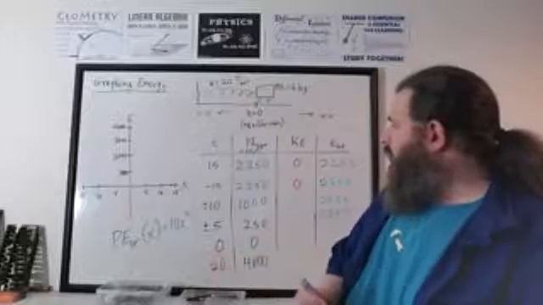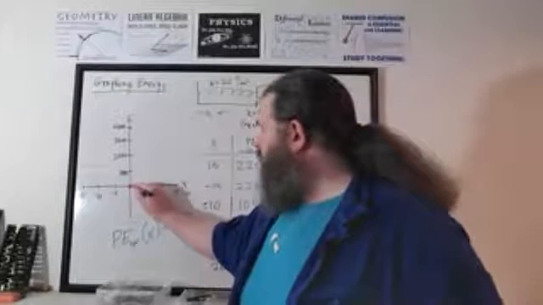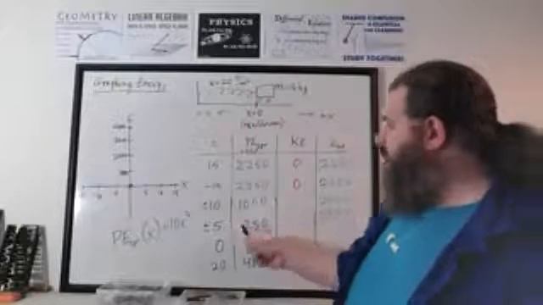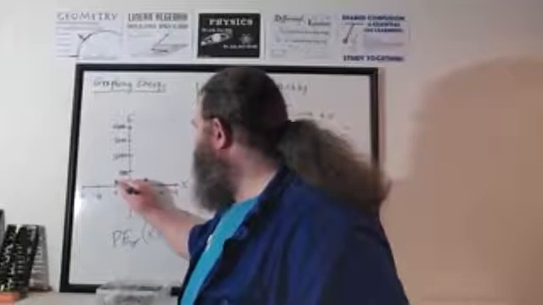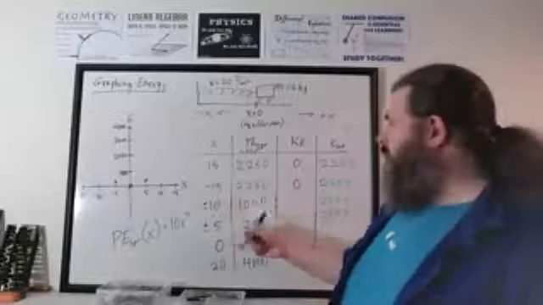So plotting these, we've got when x is 0, potential energy is 0. When x is 5 or -5, potential energy is 250. When x is 10 or -10, potential energy would be 1,000.